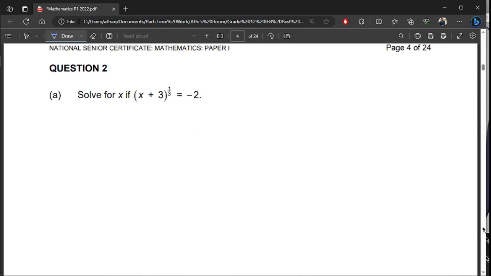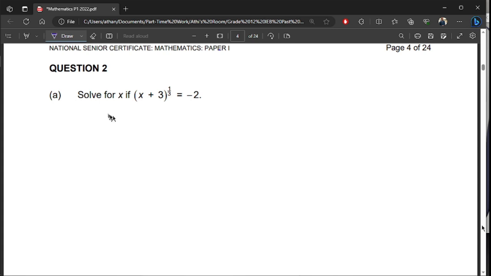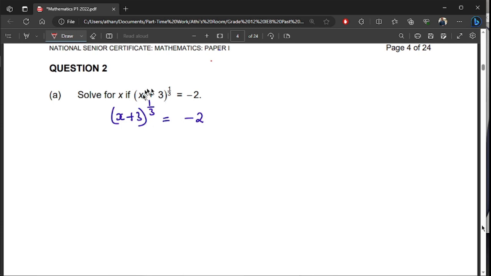And then moving on to question 2, let's also try question 2. Solve for x if this equation is given. Let me just rewrite the equation. So x plus 3 bracket exponent 1 over 3 is equal to negative 2. So we have a challenge here of exponent 1 over 3.